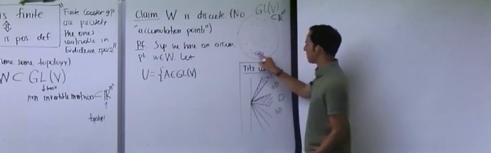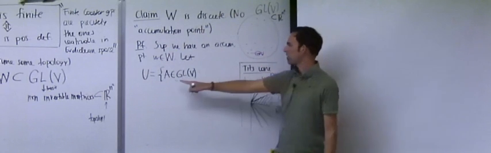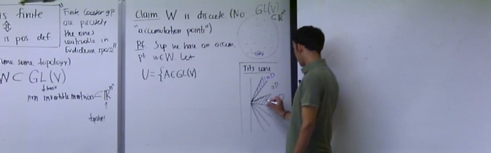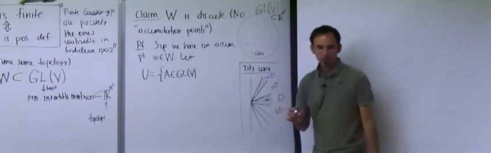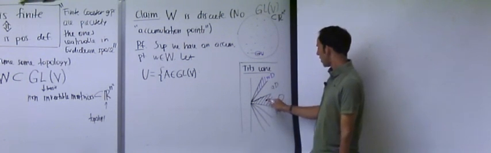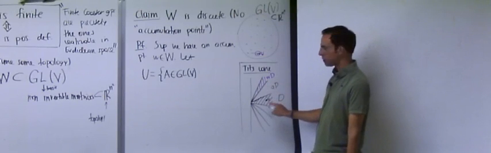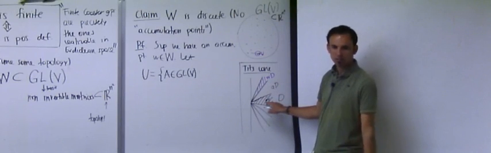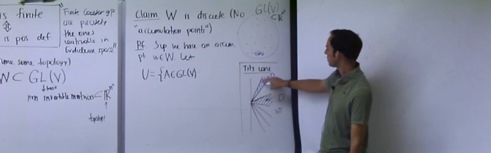Let U be the matrices A which, let's take some point here, X. Now we know that our group acts on X, and where does W send X? Well, the only thing that we know is that it sends it to this purple part.